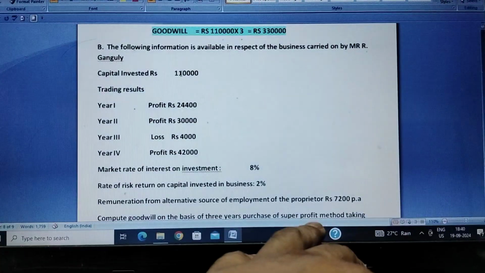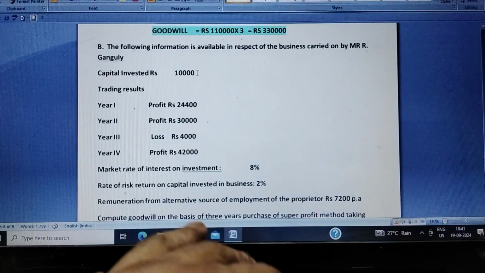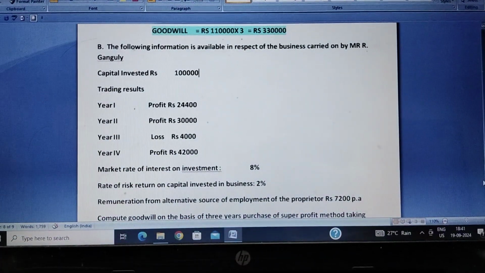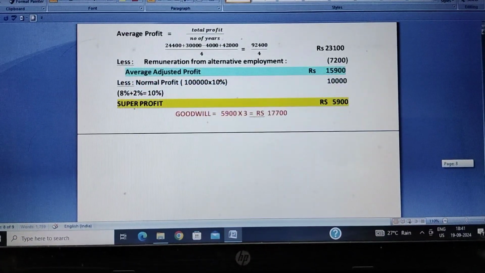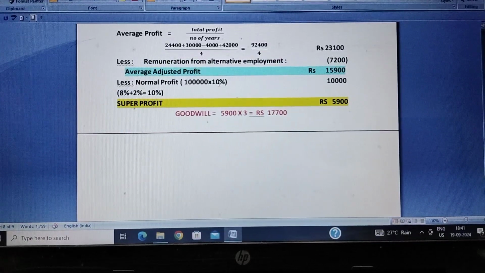So capital invested is 1 lakh. From 1 lakh, if you multiply by 10%, 8 plus 2%, 10% of 1 lakh is 10,000. So if we deduct normal profit from adjusted profit, 15,900 minus 10,000, you will get 5,900.